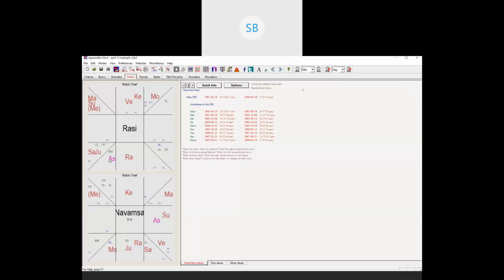Okay, let's look into his Mars Dasa. The Mars started in 1991 April, and after that is Rahu. The moment Mars started, he should have gone into the limelight and occupied the highest seat in his political career.